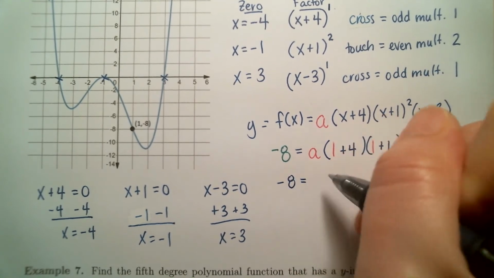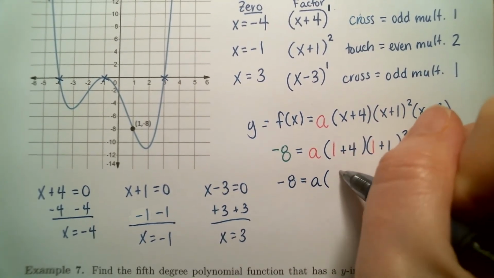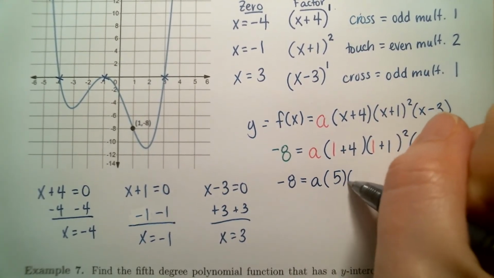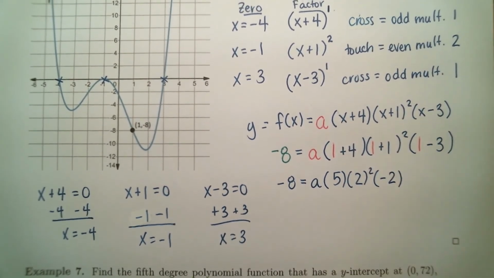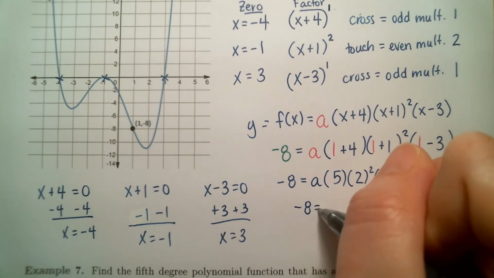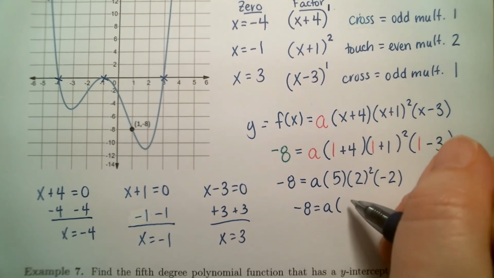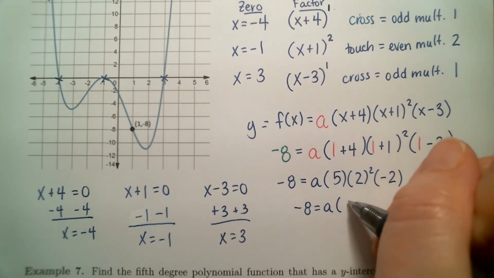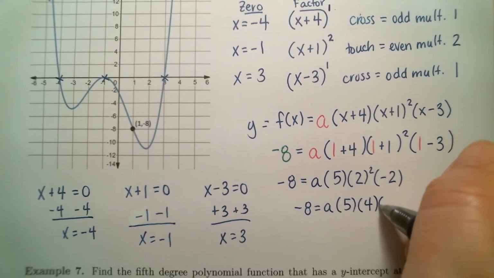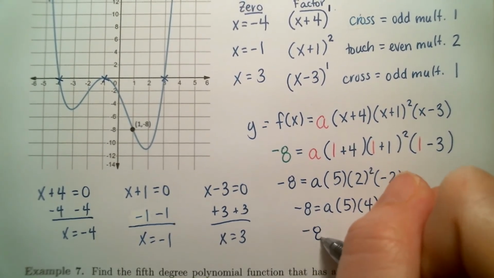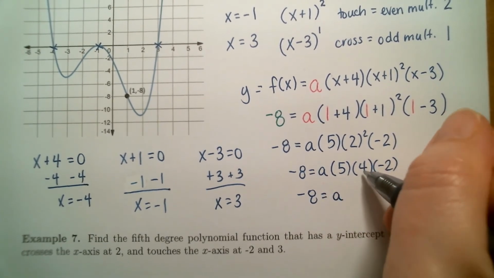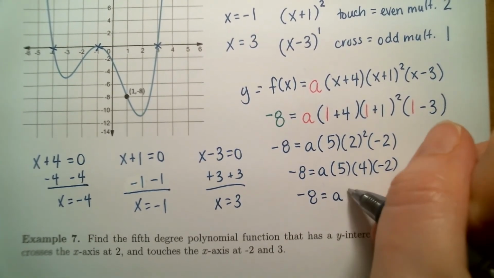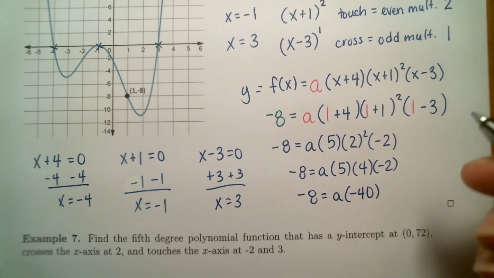So we're going to get -8 is equal to A times 5 times 2 squared times -2. So -8 is going to be A times 5 times 4 times -2. So -8 is equal to A times 20 times -2, which is -40.